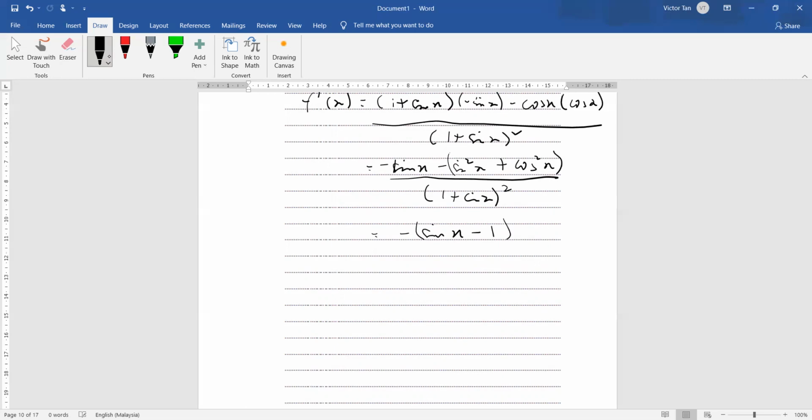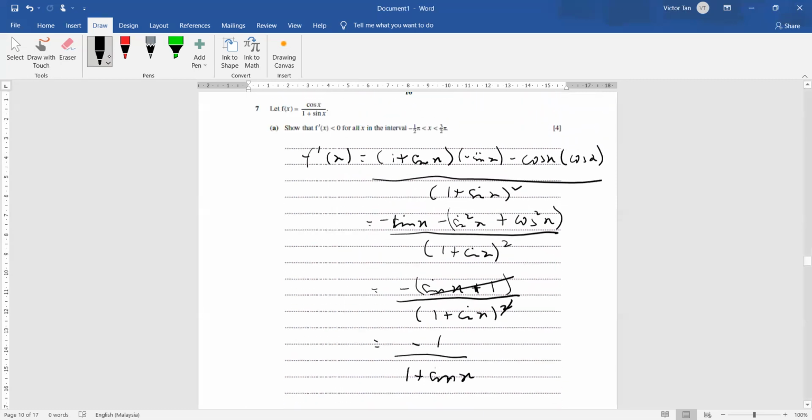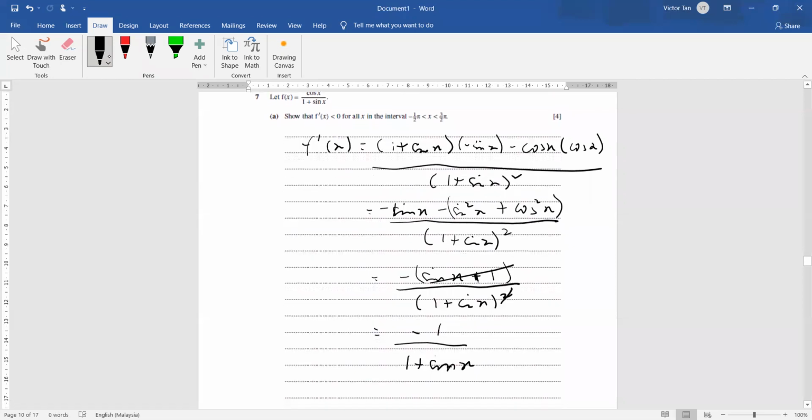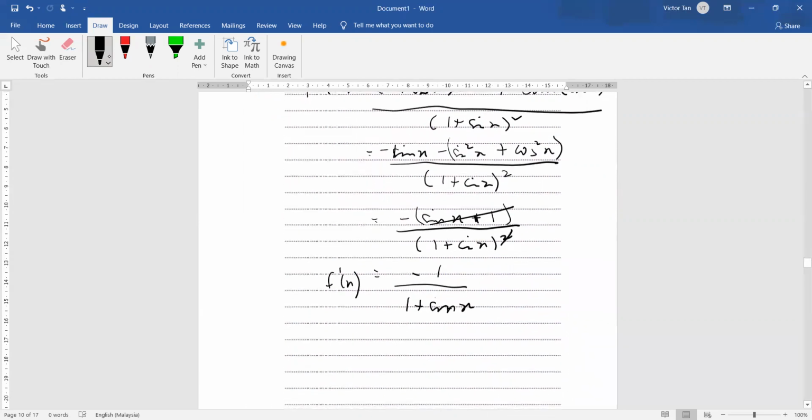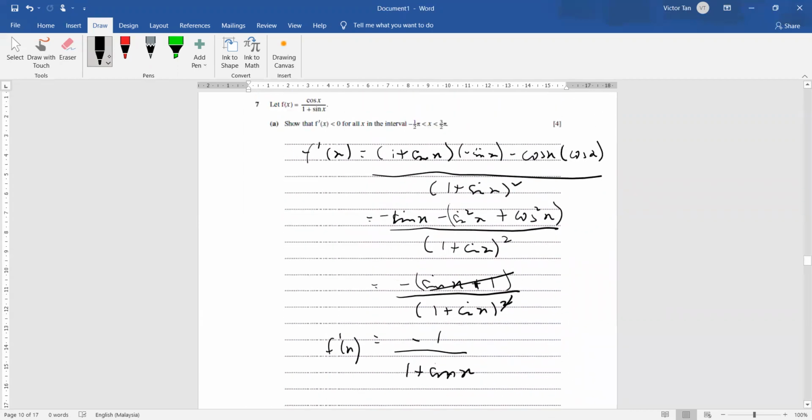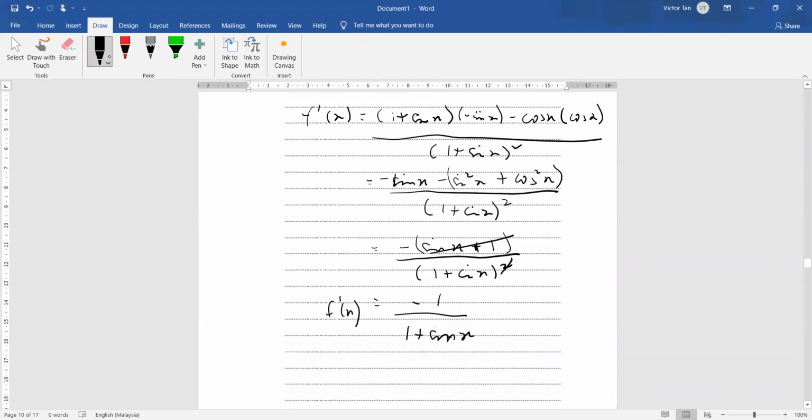So I take the minus out, this becomes a plus: plus sine x. Cancel this, I get minus 1 over 1 plus sine x. Negative. Okay.